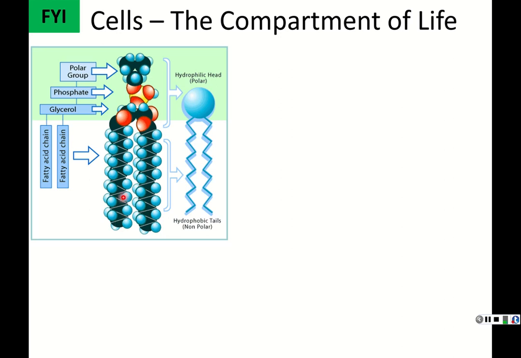In biology, we have cells, right? And our cells have membranes, and the membranes are made up of molecules that have hydrophobic parts and hydrophilic parts. So in this case, you have very long chains of hydrocarbons that are nonpolar, and then you have a very polar head group.